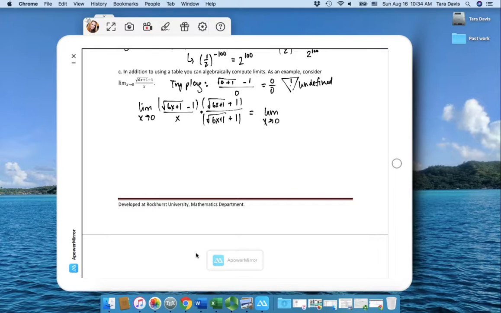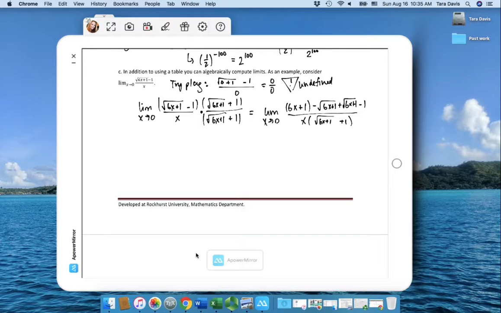So I'm going to keep the limit there and not do anything with it until after I've simplified. When I simplify, I'm going to have 6x plus 1, which is the square root of 6x plus 1 times itself. That's the first term, and then I have to subtract the square root of 6x plus 1, and I need to add the square root of 6x plus 1, and I need to subtract 1 on top. On the bottom, let me just keep it because I just want to see if the top part will simplify.